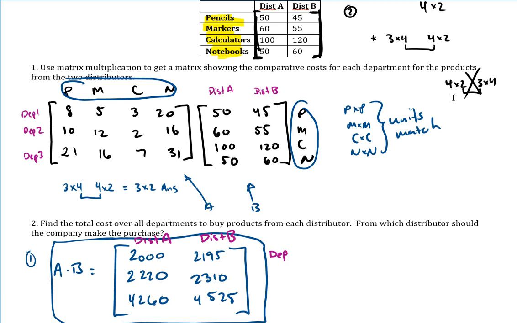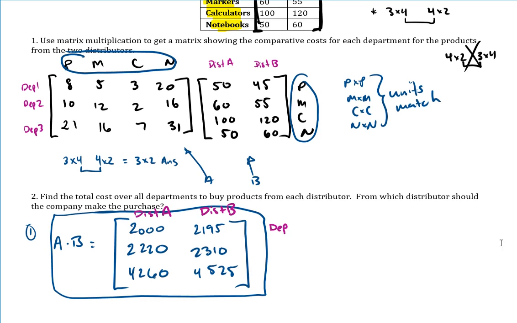So what we were doing was multiplying some dollar amounts by a quantity. So this is the department, let's say department 1 cost, these here from each distributor. This row is the department 2 cost from each distributor.